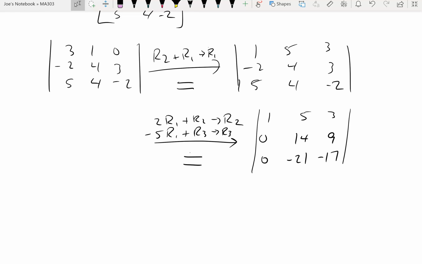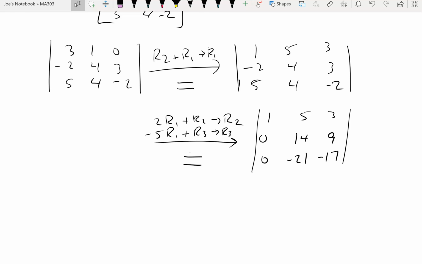So, again, our goal here is to get to triangular. I don't even really have to worry about getting a 1 where we typically get 1s when we do row reduction, right? If I can get to triangular, then I can just multiply down the diagonal, and it gives me the determinant of the matrix.